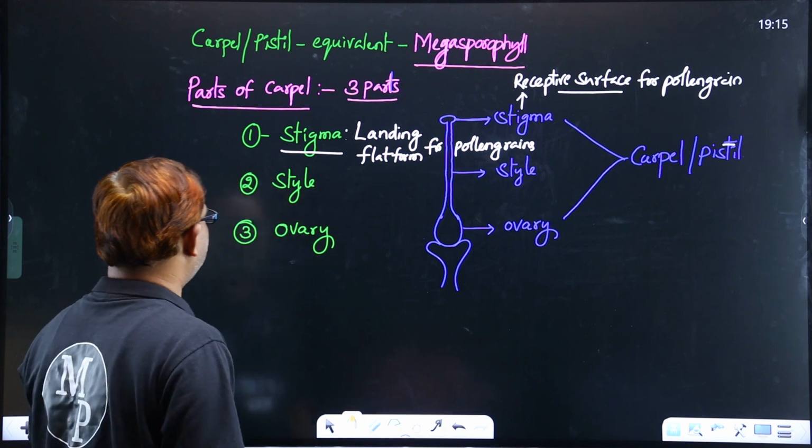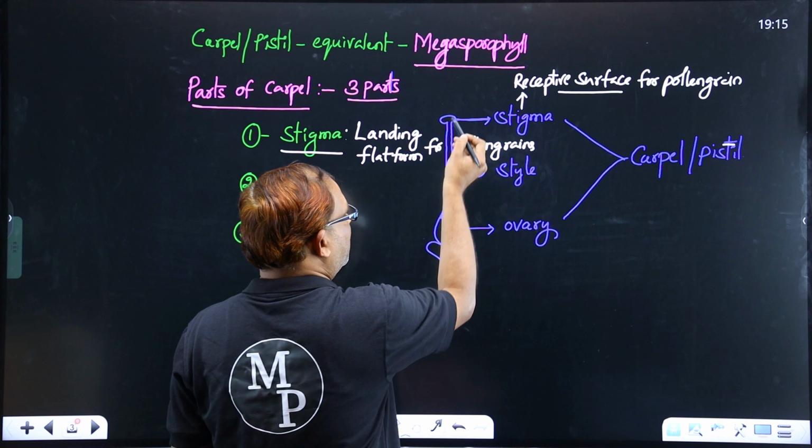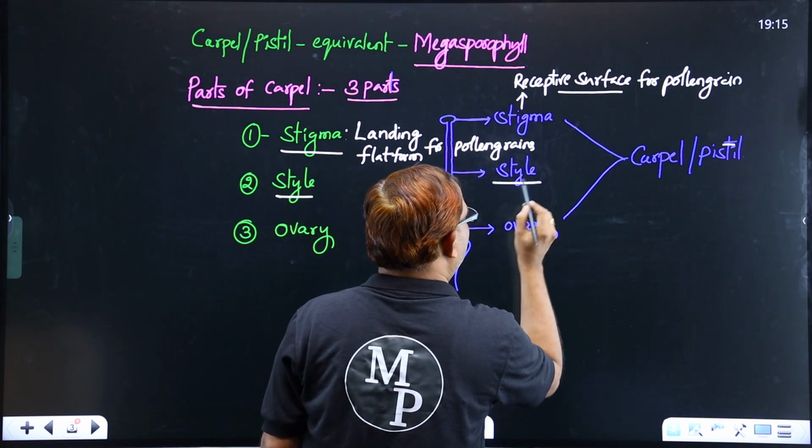Okay, now the next one, the second one, is the style. See all of you, the style is an elongated tubular structure. This portion is called the style.